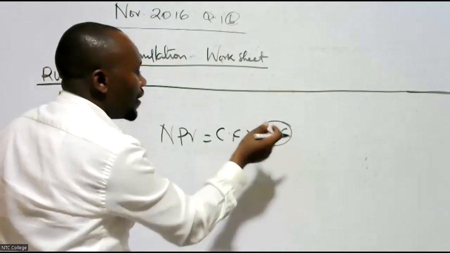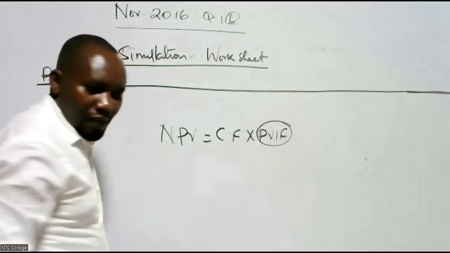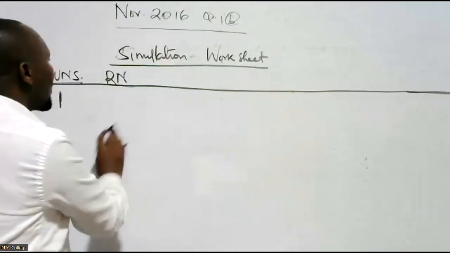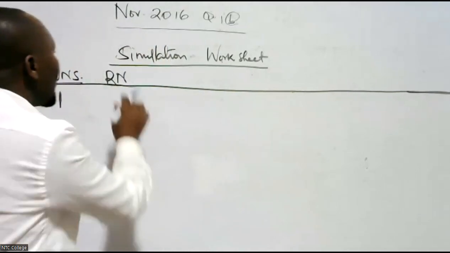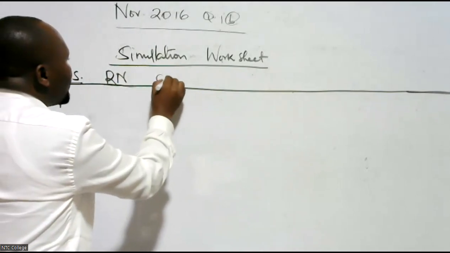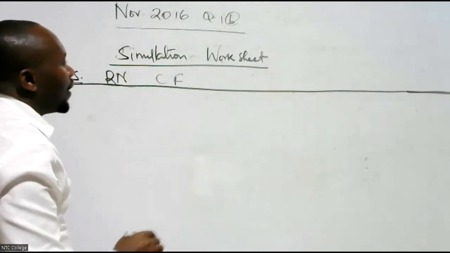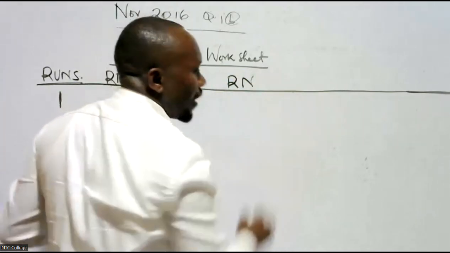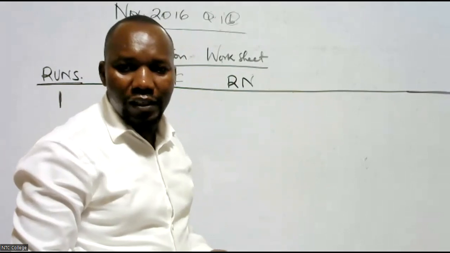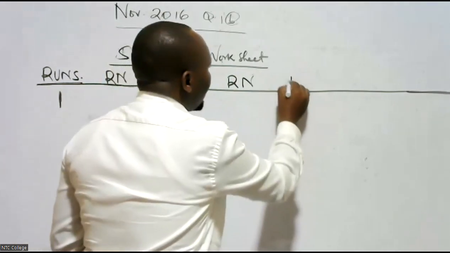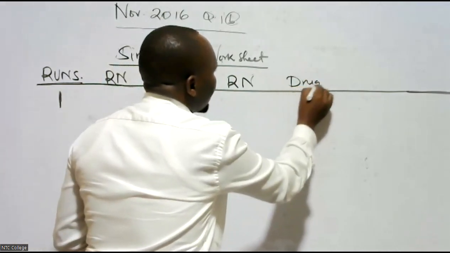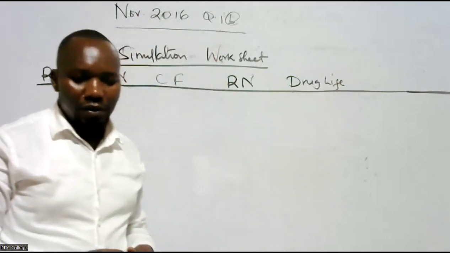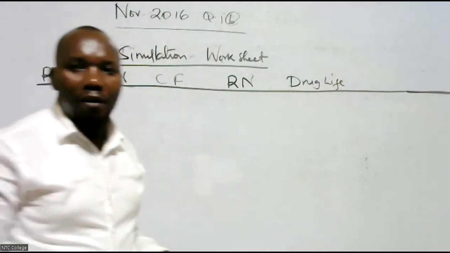So we have the rate, we have the years, so we can get our PV. So the first thing is to pick the random number. This random number should give you cash flow. Then we have another random number that should give us the number of years. So we call it drug life.